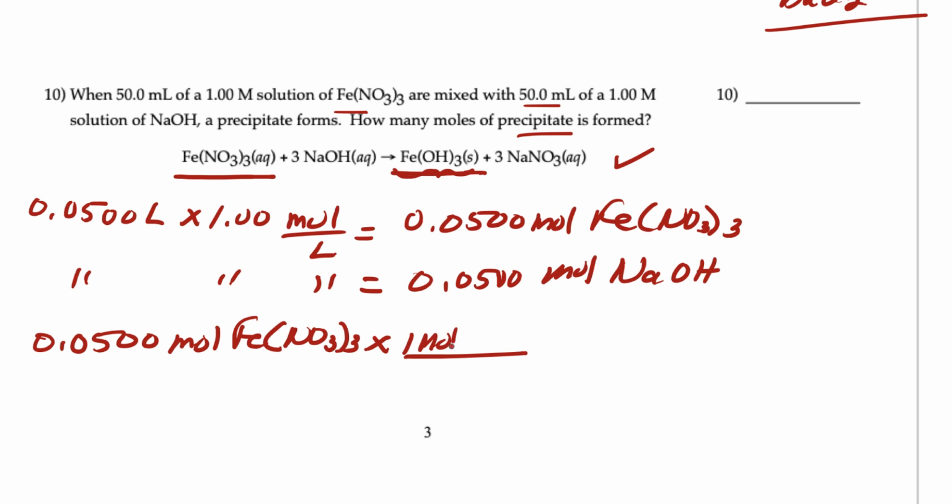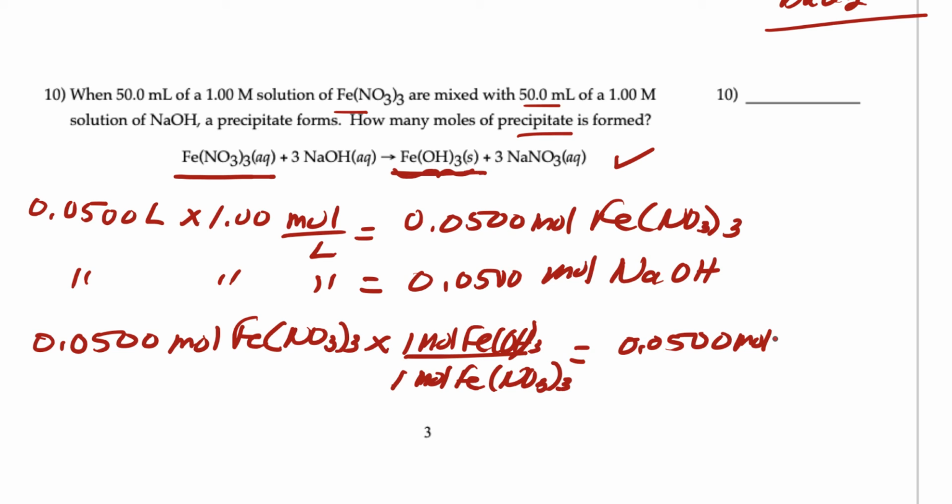So we have 0.05 moles of iron 3 hydroxide.